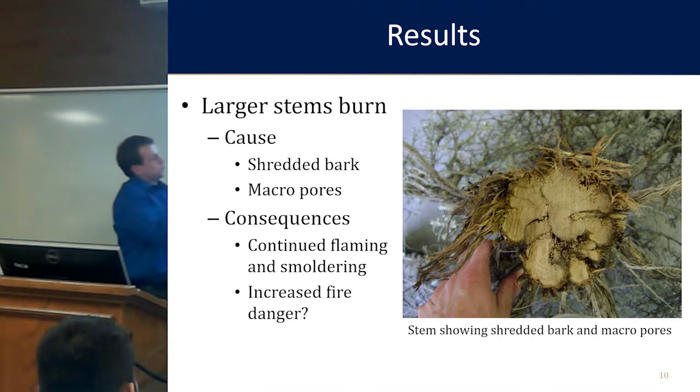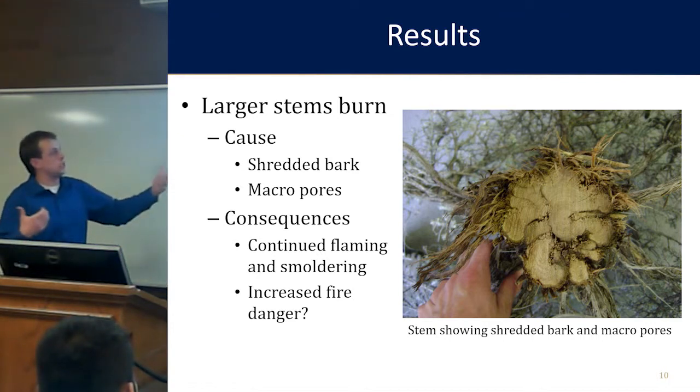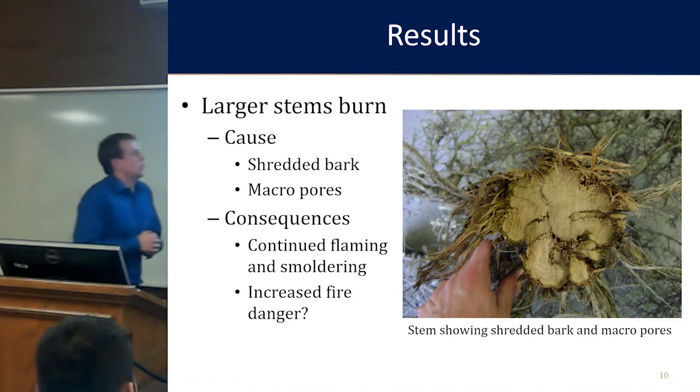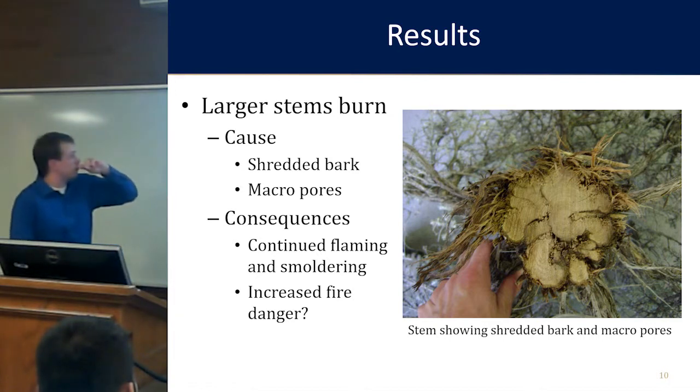And so what we think happens is that as it burns, each of those individual stems begin to shrink, and it opens up these pores in between the different stems, so that then heat and oxygen can get actually inside of the stem into the interior, and so that it actually continues burning for a long time, which is not something that we saw for other species of plants. So it allows for continued flaming and smoldering.